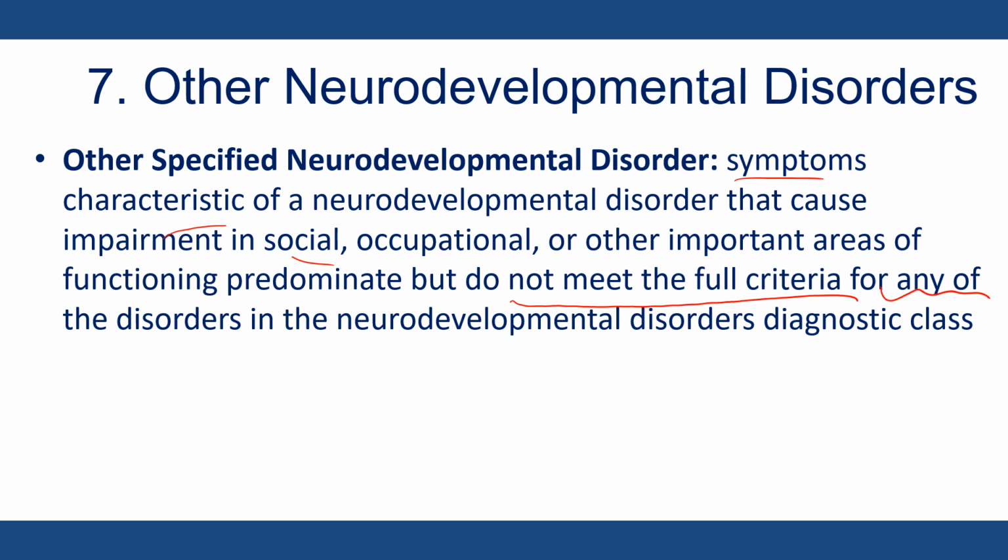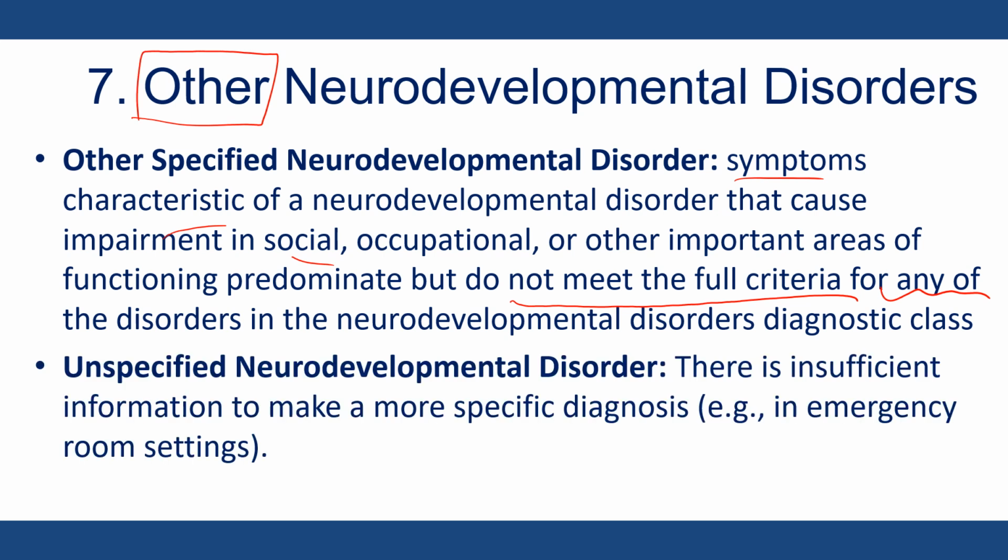So what do we do with that child? They have the symptoms, they're not meeting the criteria for any of the ones that we talked about, so we classify them as other. And sometimes when you don't have enough information, in case of emergency, you don't have time to make a specific diagnosis, we use unspecified.